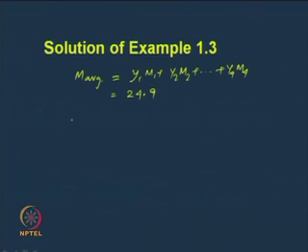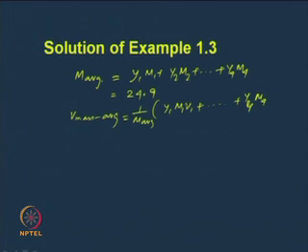So, V mass average we can calculate using this correlation, which is 1 by M average into Y1 M1 V1 plus Y4 M4 V4.